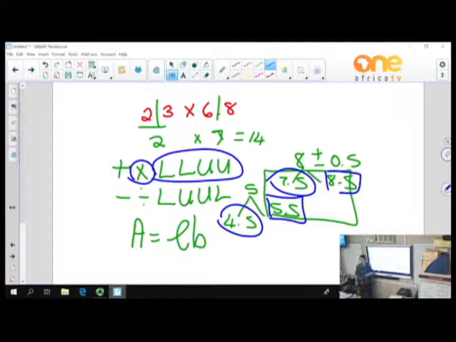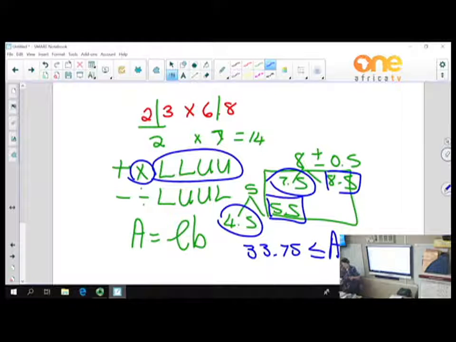And that's how you will get the inequality, because now I want the area, not only the side, but the area. 4.5 times 7.5, 33.75 is less than or equal to the area, which is less than, and upper, upper, 5.5 times 8.5, lower, lower, upper, upper. Because you want area. Area is multiplication. In this case where I know it's the area, then I use area or length or time or whatever.